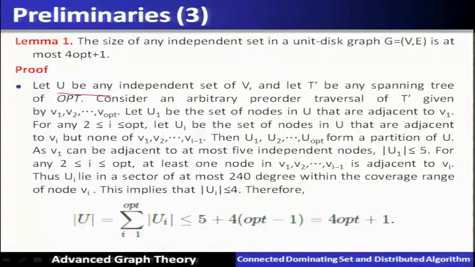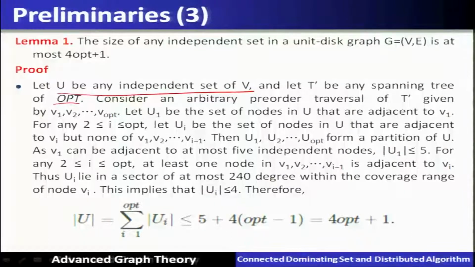Let U be an independent set of V, and let T prime be the spanning tree of an opt, that is the optimal size of the connected dominating set. Now, consider an arbitrary pre-order traversal of T prime given as V1, V2 and so on up to V opt.